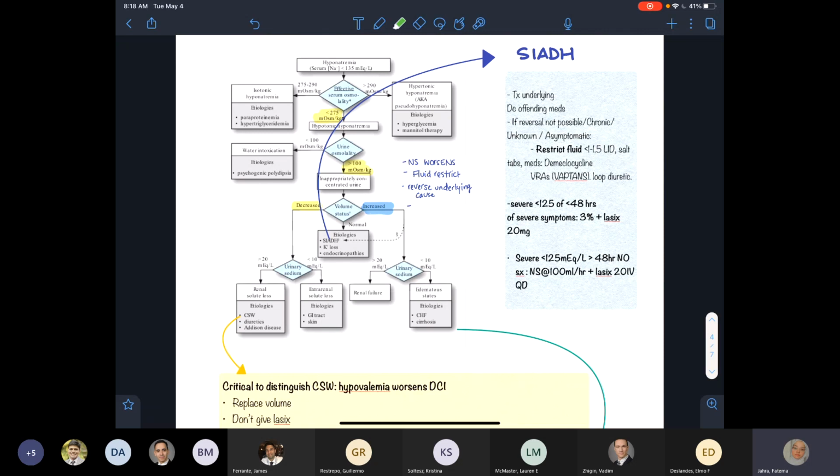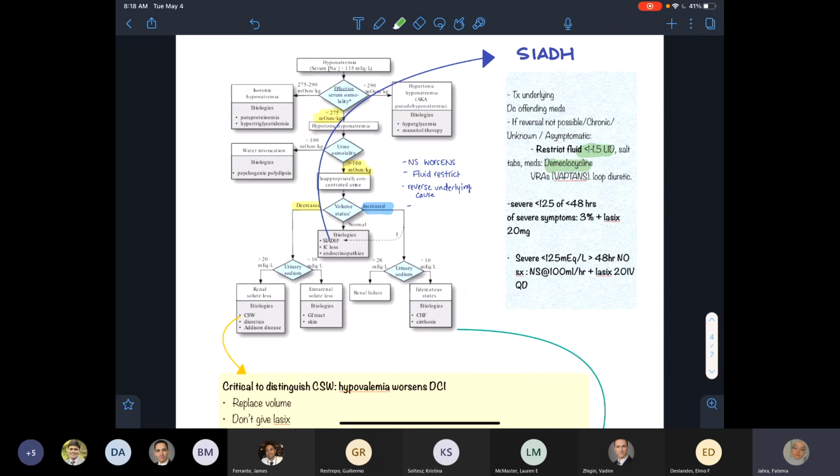When I was reading, there's something called a solute ratio you can follow to decide, but I don't think we do that. I think we just do 1 liter for most people, and if they're super large and obese, then we do 1.5. And then you can give salt tablets, and sometimes you can give medications.